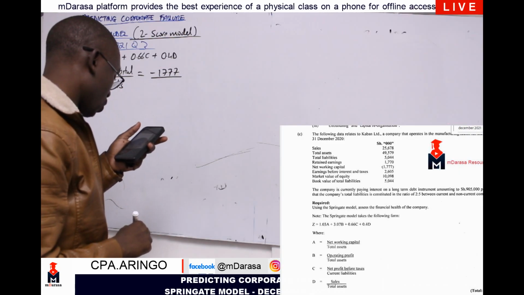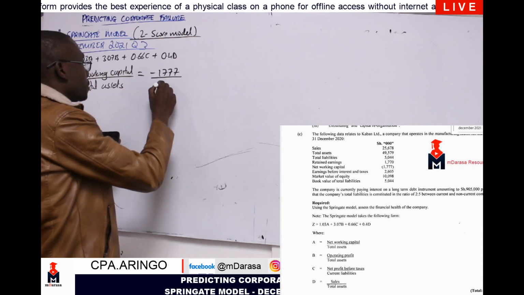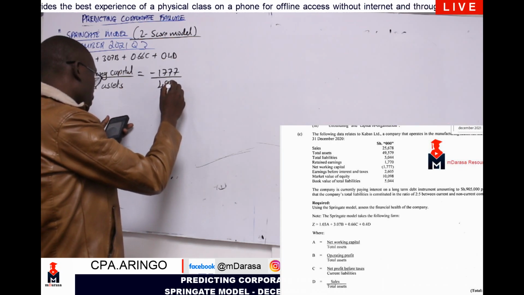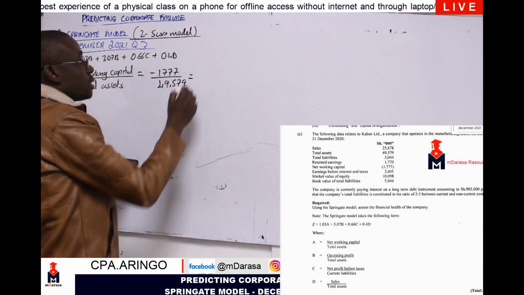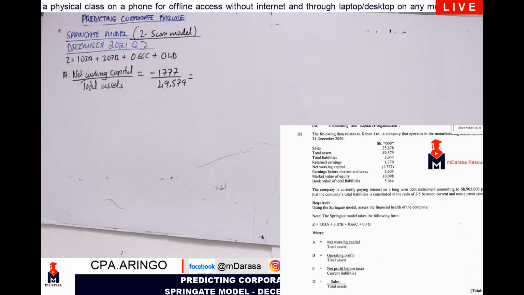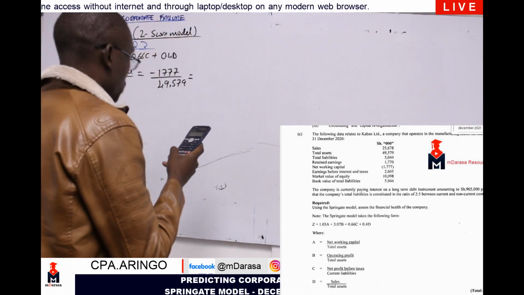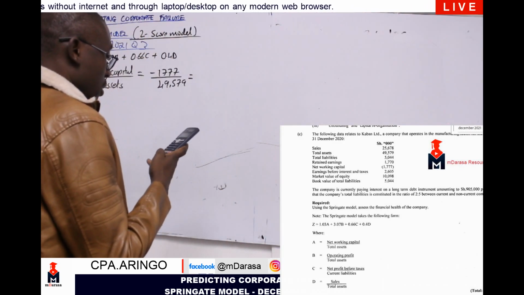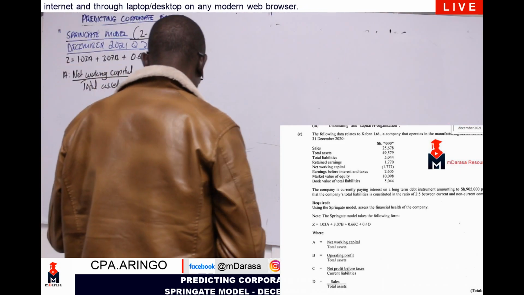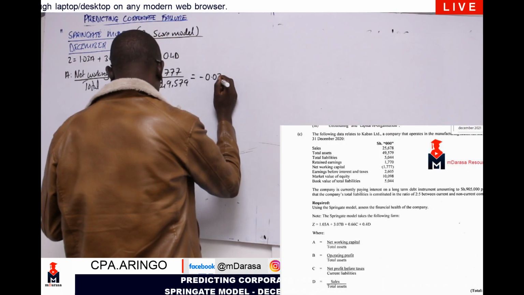If you check our total assets, I was given there to be 49,579. Kindly confirm what you are given. So we can agree and say that our A will be negative 1777 divided by 49,579. This will give us negative 0.0358.